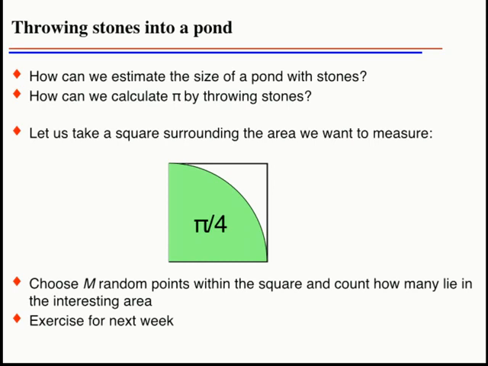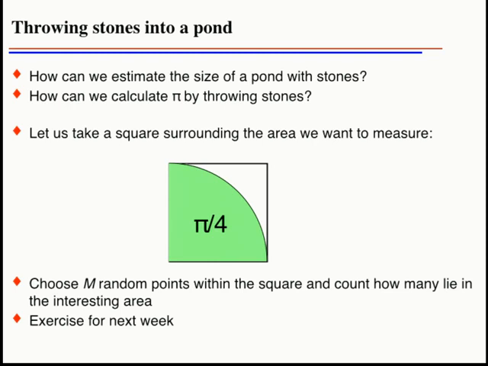The method here is that you just create a box around your circle, and you just start throwing stones. You basically end up filling the whole square with stones, lots of dots there.